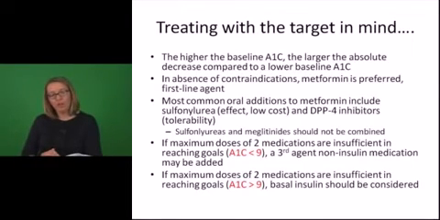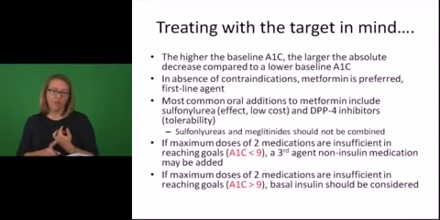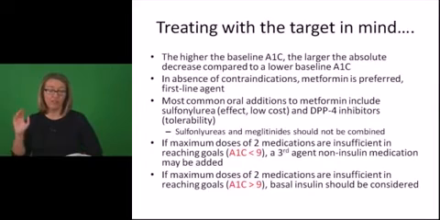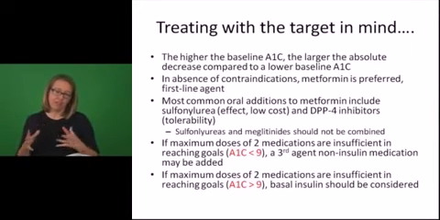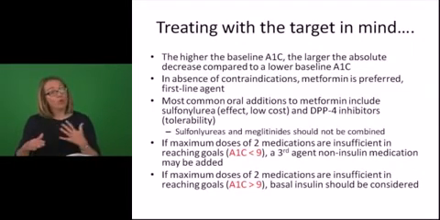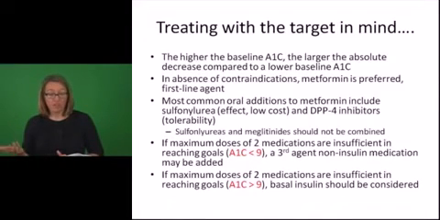Keep in mind the one combination that should not be used together are the sulfonylureas and the meglitinides because, again, they're both secretagogues. They're both working in a similar mechanism, and the combination doesn't make as much sense. If you have a patient on a maximum of 2 medications and their A1C is less than 9 and your goal is still around 7, adding a third oral agent is an option.